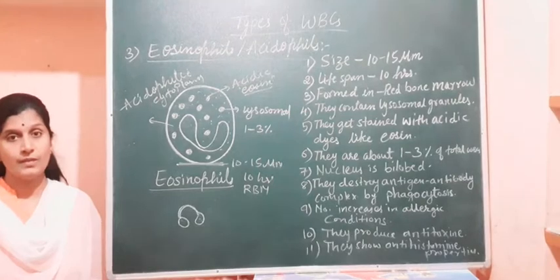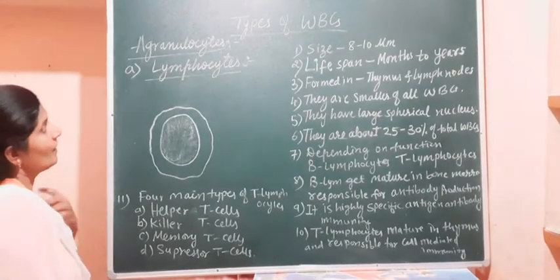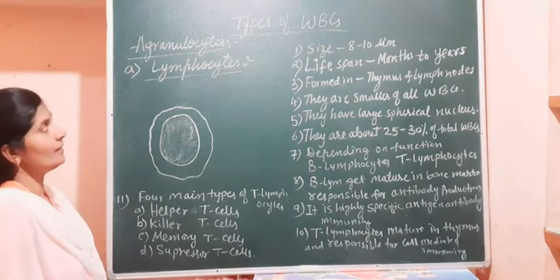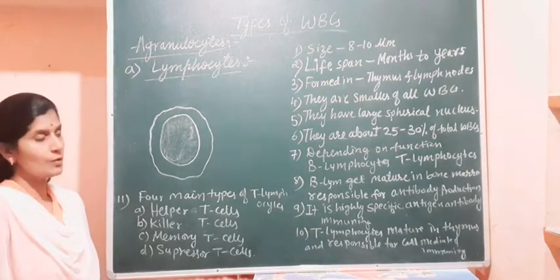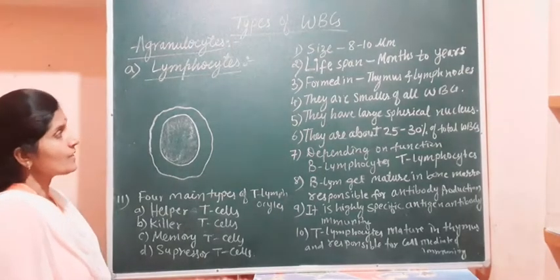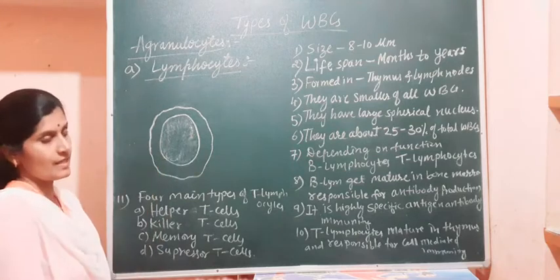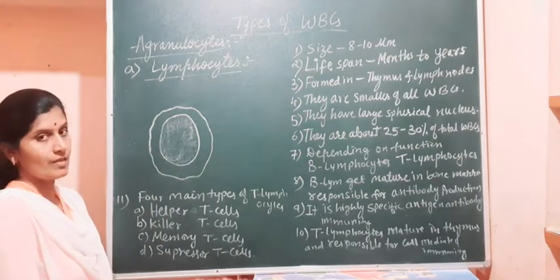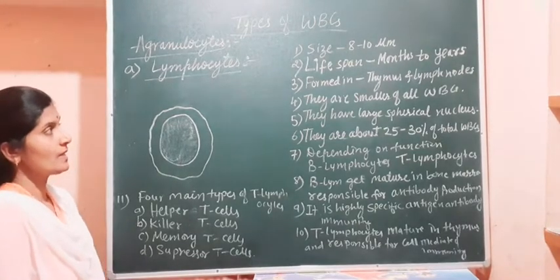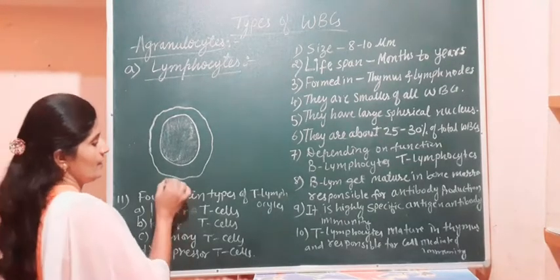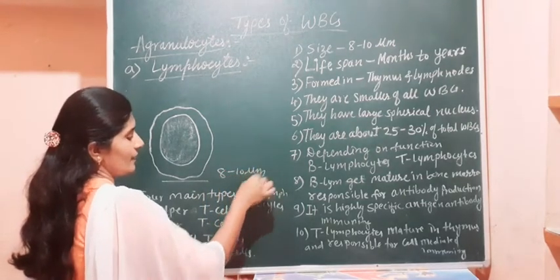Now we'll take the next cells. Now we will see the agranulocytes. In that, first one is lymphocytes, second one is monocytes. Lymphocytes are very small in size compared to the other cells, the smallest cells of WBC. The size is 8 to 10 micrometer.